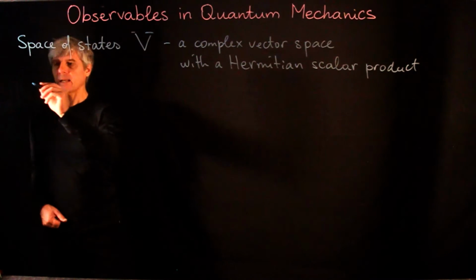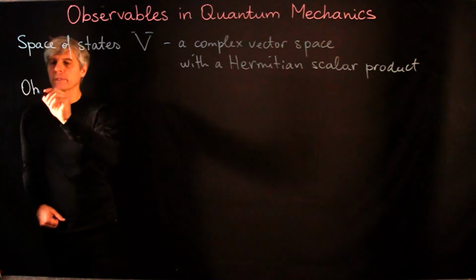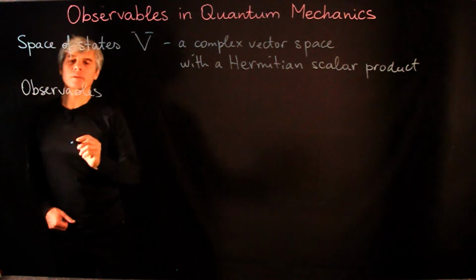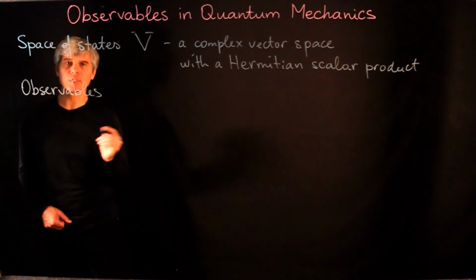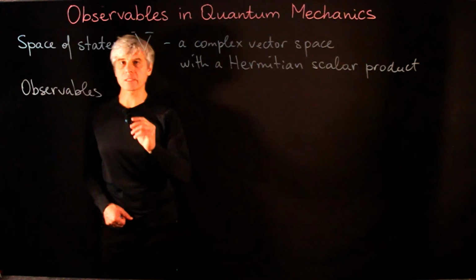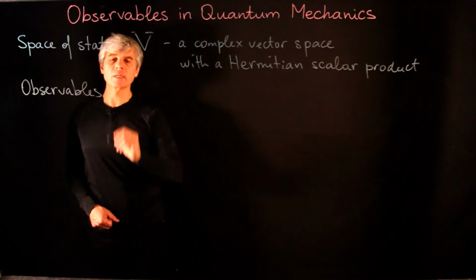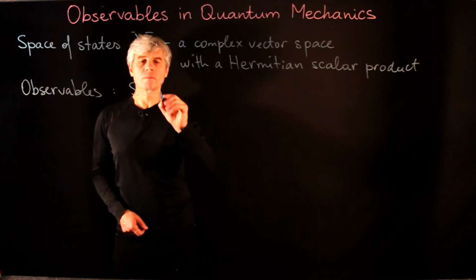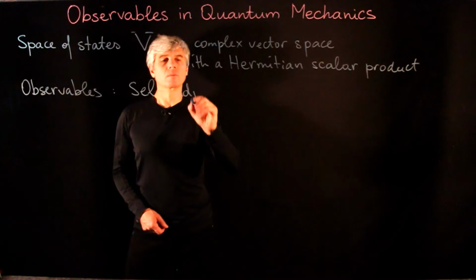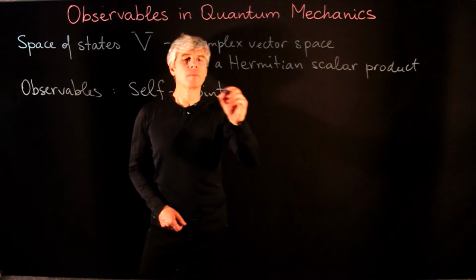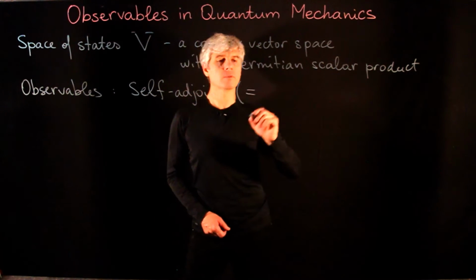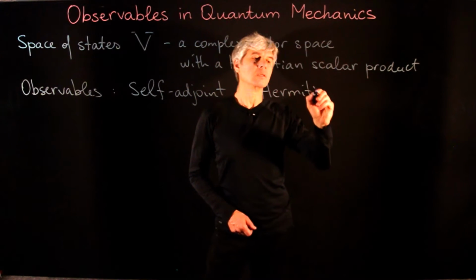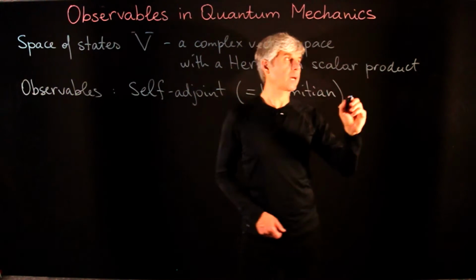And mathematically, observables, so this is how we can do observations in quantum mechanics, are given by self-adjoint, or another word for this is Hermitian, operators on V.